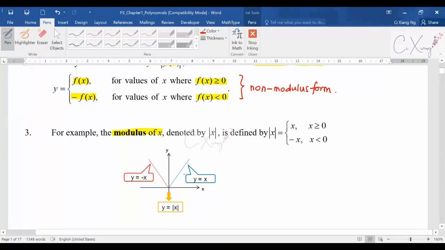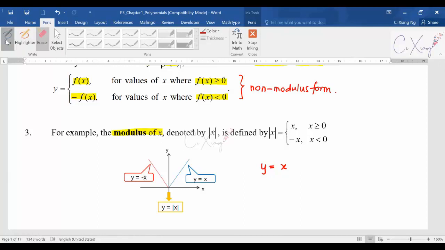How can I draw the graph for modulus x and how can I write it in non-modulus form? Let's say from the beginning, I have y equals modulus x. How can I sketch the graph for y equals modulus x? At first, if you want to sketch this graph, you need to assume that there's no modulus first.